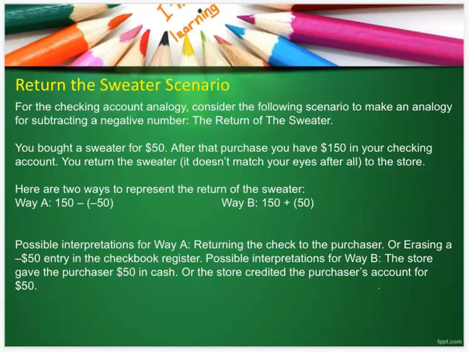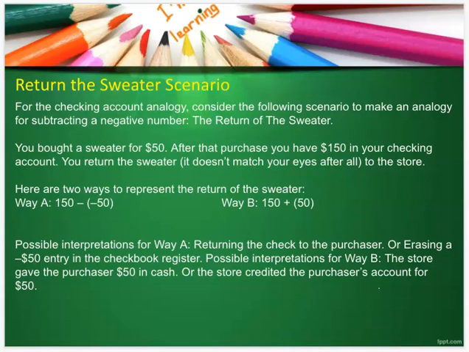So you bought a sweater for $50. After that purchase, you have $150 in your checking account. You return the sweater, it doesn't match your eyes after all, to the store. Here are 2 ways to represent the return of the sweater numerically. Way 1 is the $150 balance, and you're taking away the $50 charge, or the $50 debit.